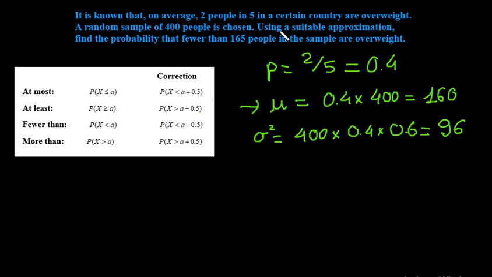Now we will look at the question. Using a suitable approximation, find the probability that fewer than 165 people in the sample are overweight. Because we are using a normal approximation, we have to do something called continuity correction.